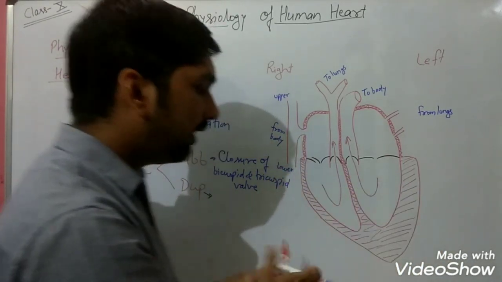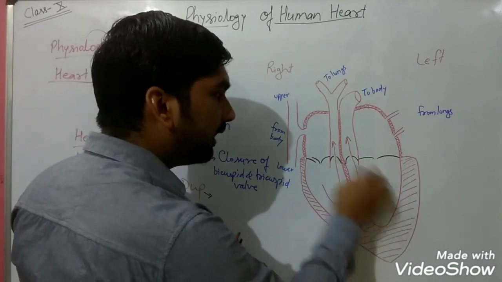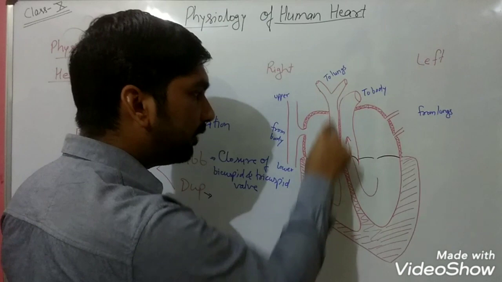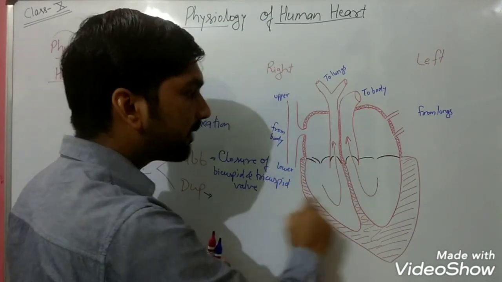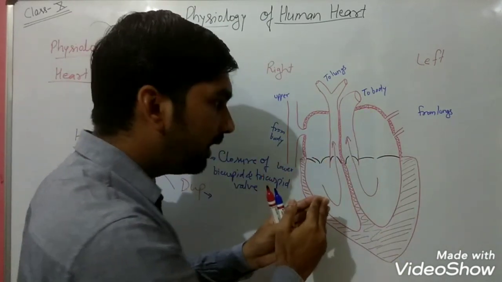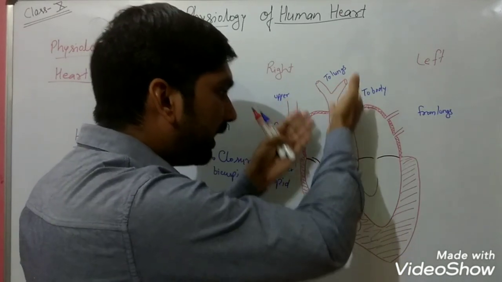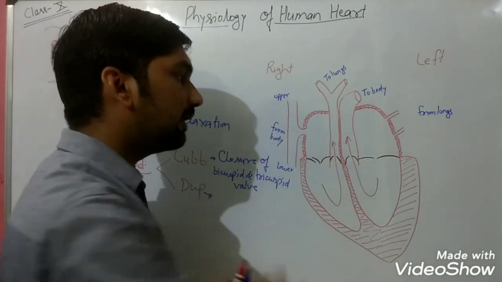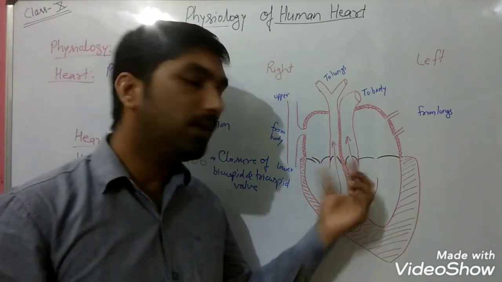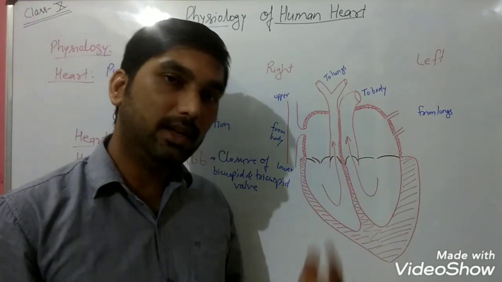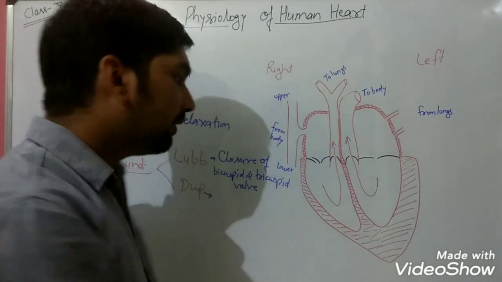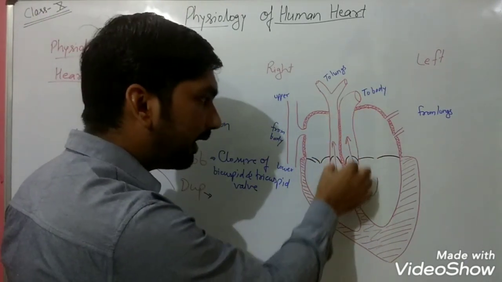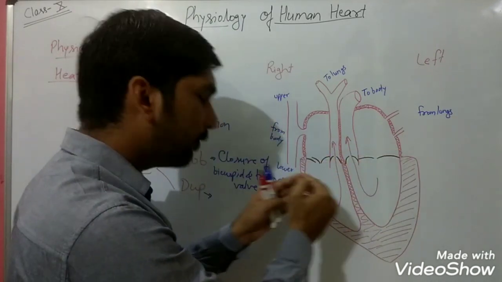During relaxation, when the pressure is less, the semilunar valves present in the pulmonary artery and aorta close, because now the blood is going to come downward, and this is the function of the valve: they allow blood flow only in one direction. So when the ventricles relax, blood comes back and these valves close.